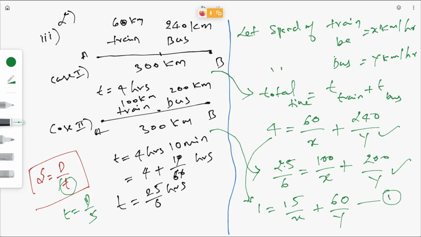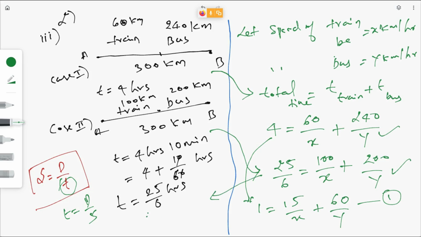We can simplify the second one also. Divide the whole equation by 25. If I divide the whole equation by 25, what will I get? Let me write that equation here.